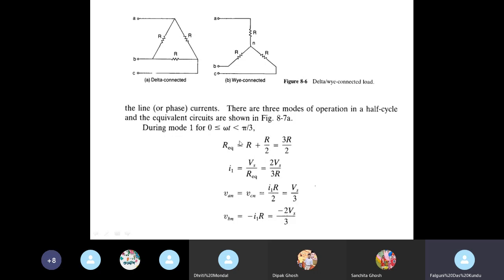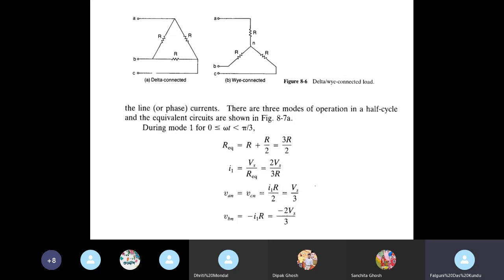If R equivalent is 3R by 2, then what is the value of I1? I1 is nothing but Vs by R equivalent. Then we put the value of R equivalent here. So we get I1 is 2 Vs by 3R. Now for the Y connected network, we can easily say that VAN is equal to VCN, that means I1 into R by 2.